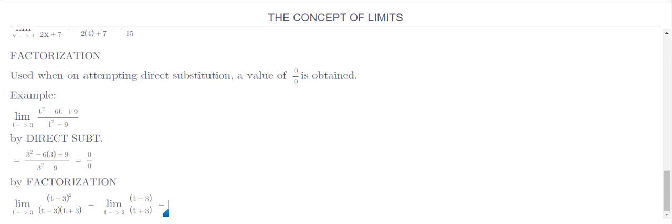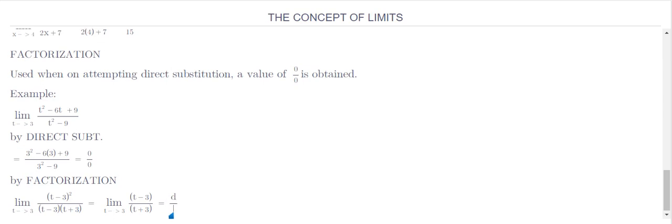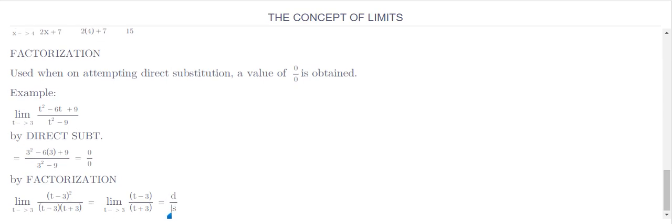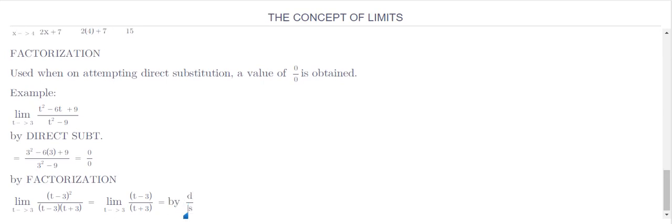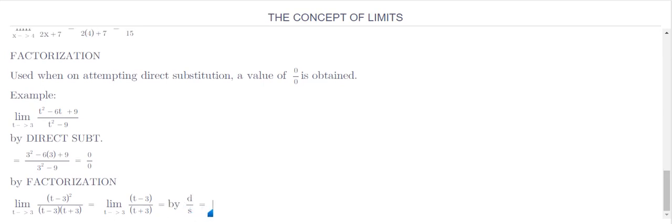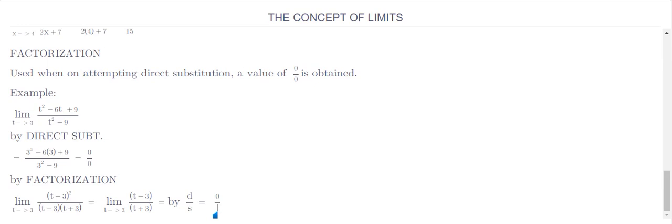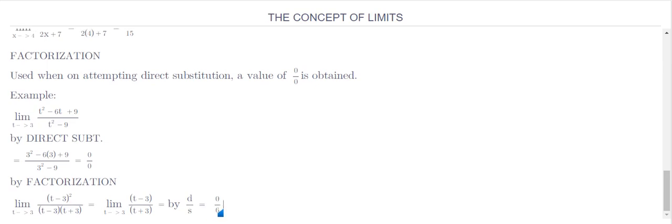This can now be solved easily by direct substitution. t is 3, so 3 minus 3 is 0, divided by 3 plus 3 is 6, and 0 divided by any number is 0, so the value there is 0.